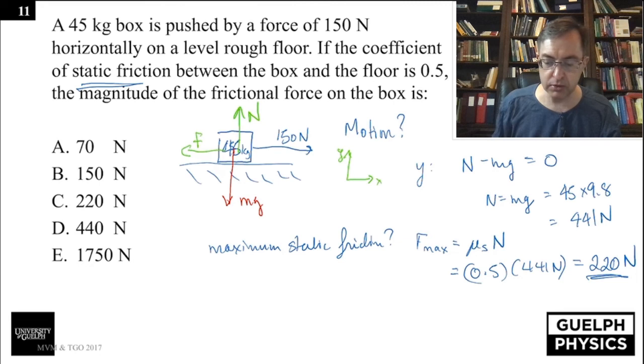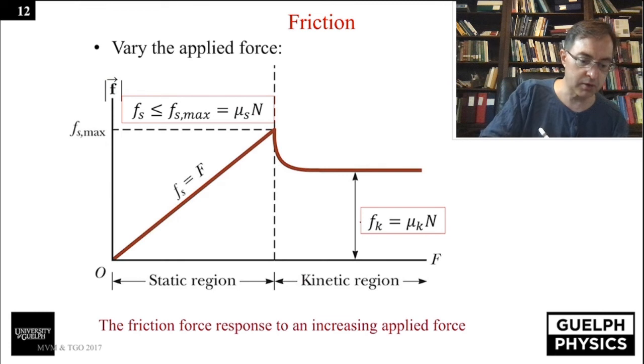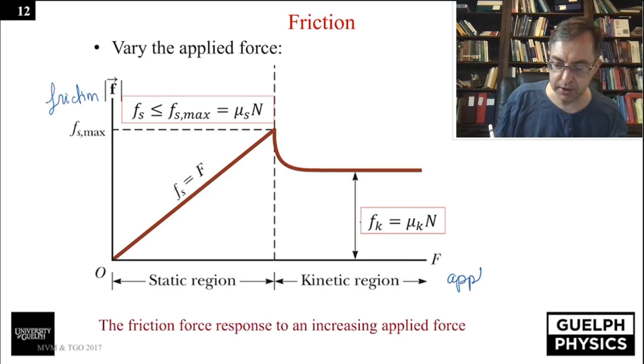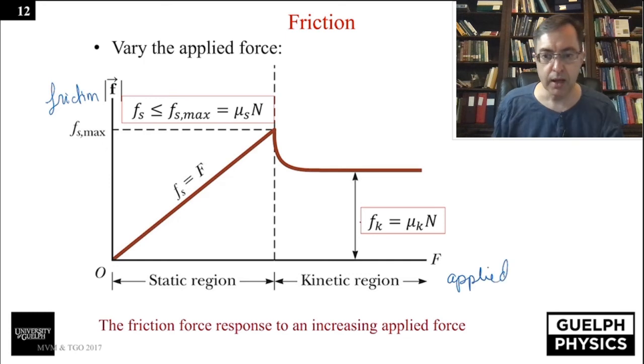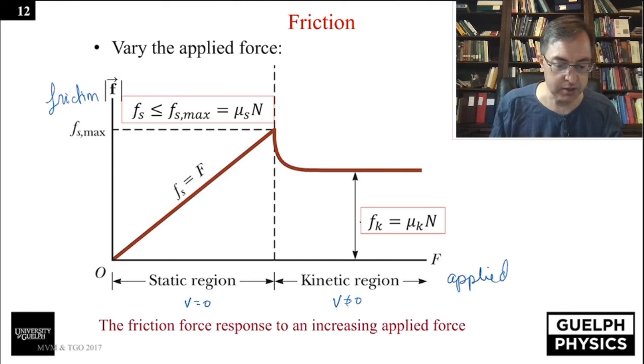Let me remind you of this graph I gave you in the previous lecture, where I plotted the friction force on this axis versus the applied force on this axis. There were different regimes: the static region where the velocity was 0, and the kinetic region where the velocity was not 0. This shows you how the friction force depends on the applied force.